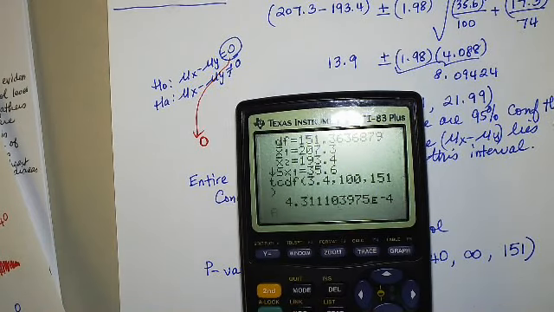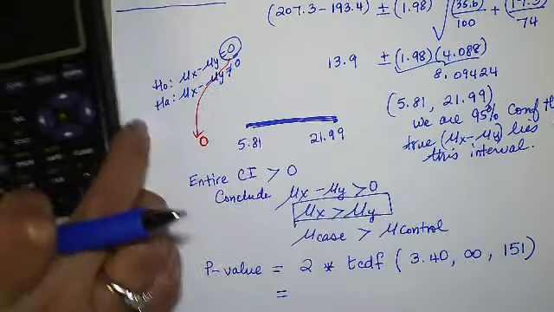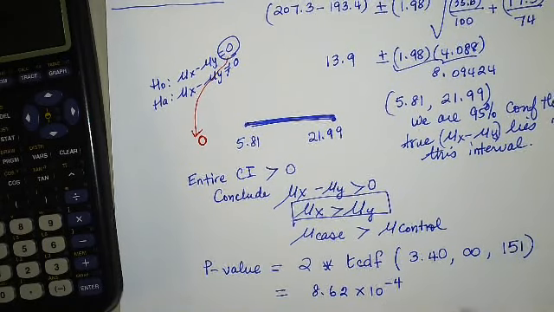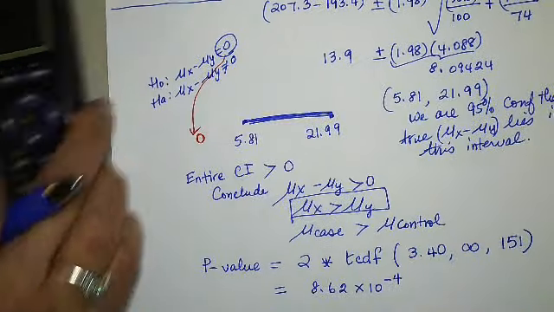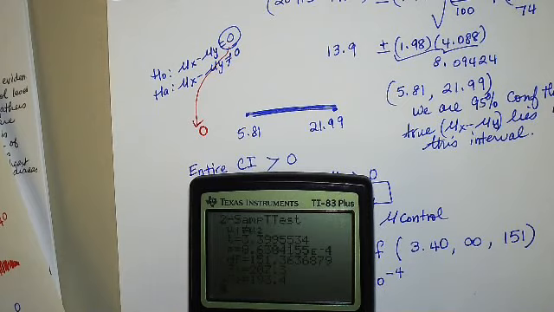Second distribution, t-CDF, 3.40, comma 100, comma 151. And I want to double that because it's two-sided. So 8.62 times 10 to the negative 4, which is the same thing that the calculator gave me.